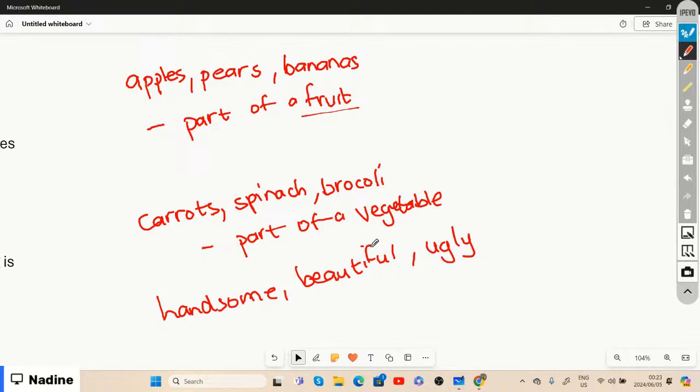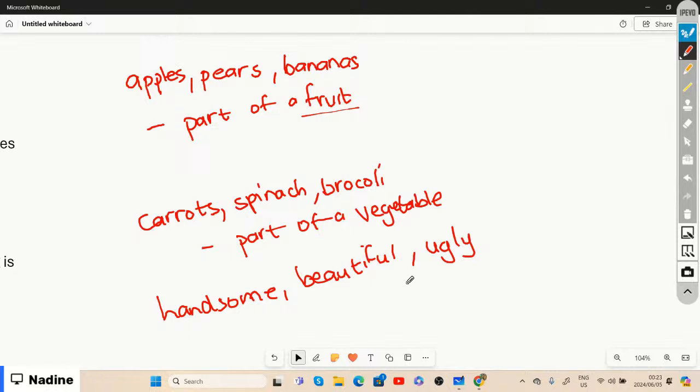Because we can basically say how somebody looks, how you describe somebody, right? And then you can either describe somebody as being handsome, they're good looking, beautiful, they're good looking, or ugly. Okay, we wouldn't say people are ugly, but I mean maybe not so good looking, right? Yes, bad, good, ugly, you know.